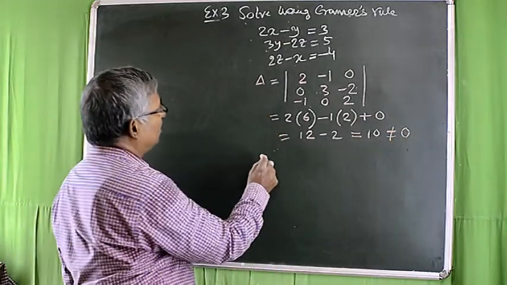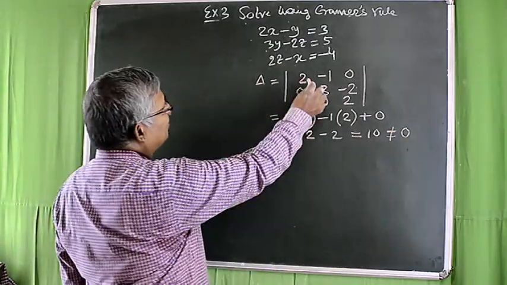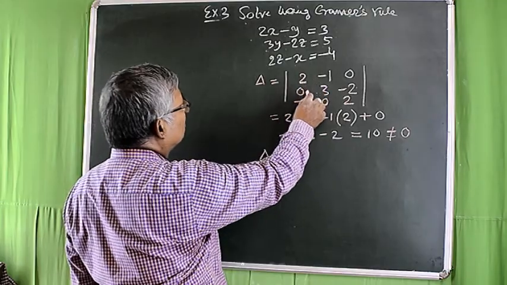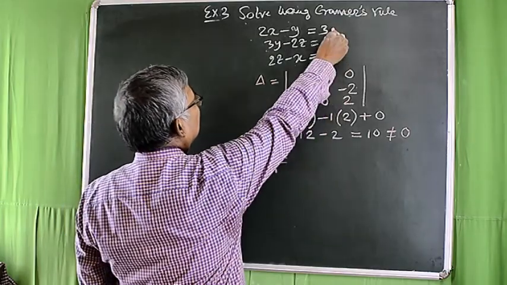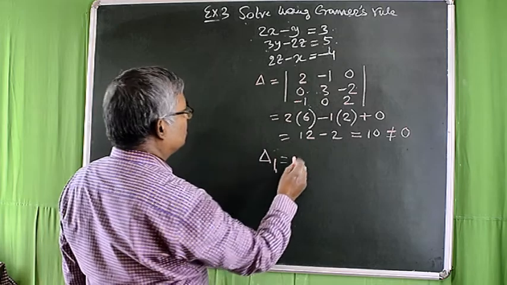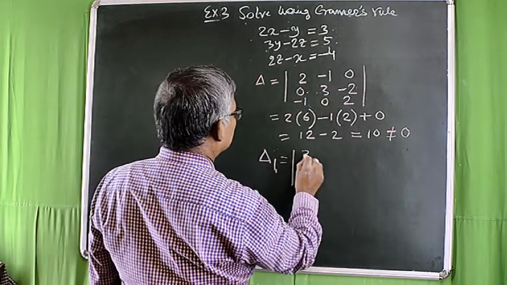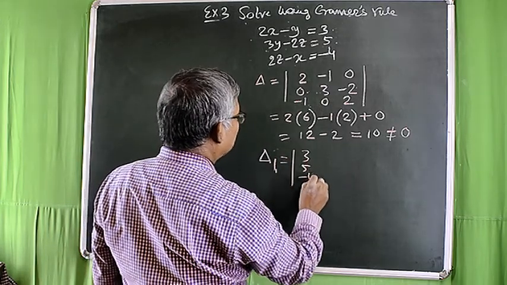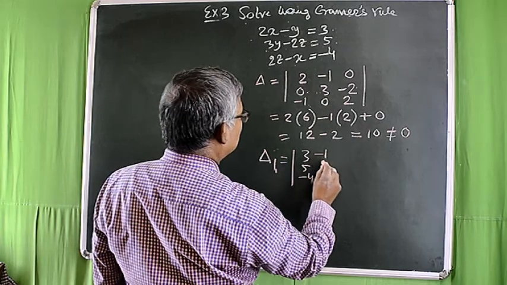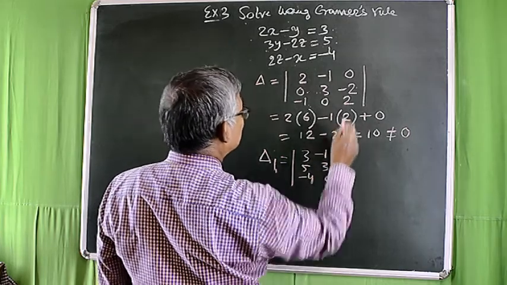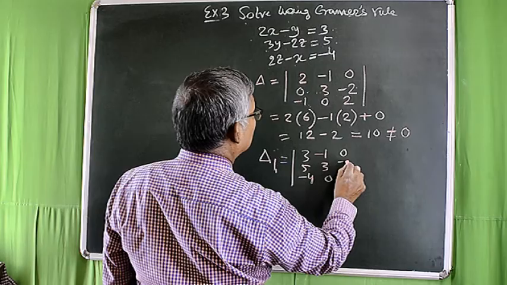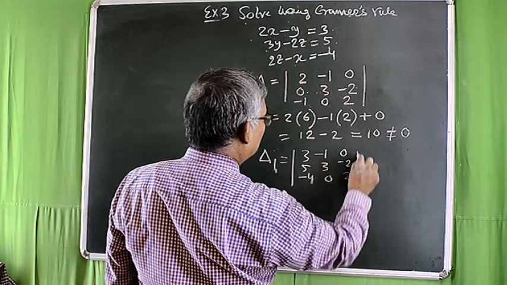Now del 1 equal to, we are simply replacing 2, 0, minus 1 by 3, 5, minus 4, so we can write 3, 5, minus 4, minus 1, 3, 0, 0, minus 2, 2.